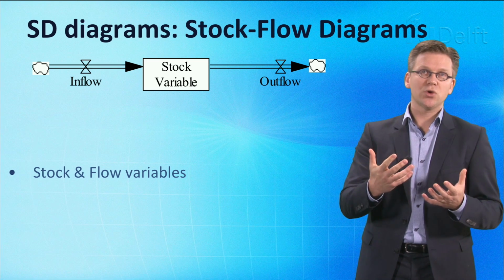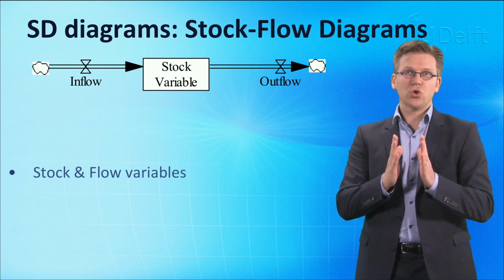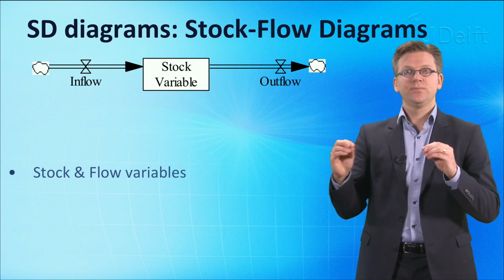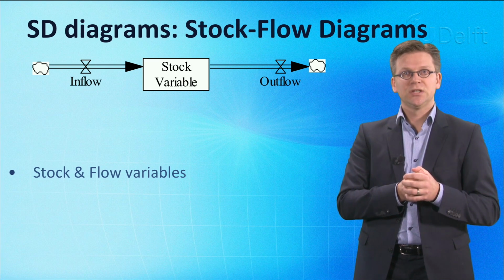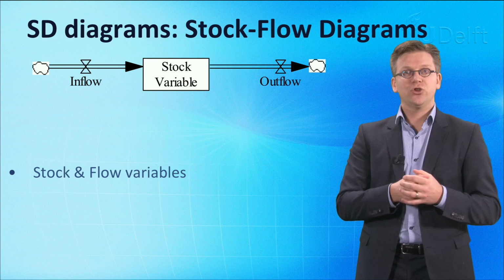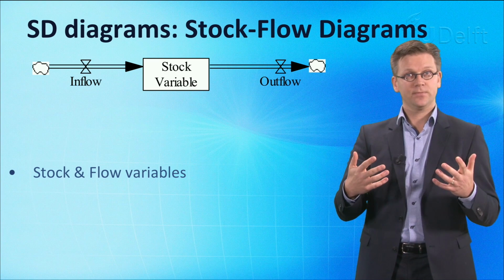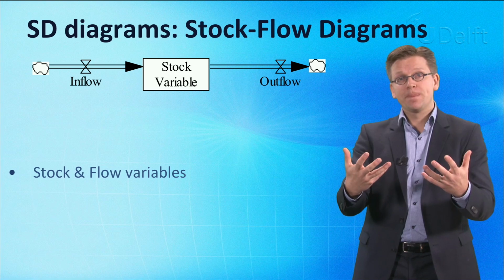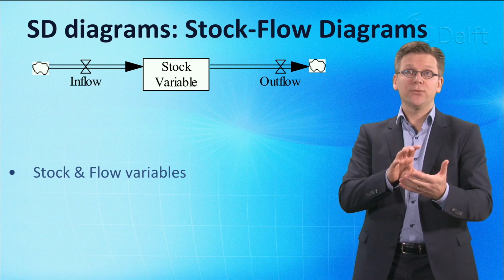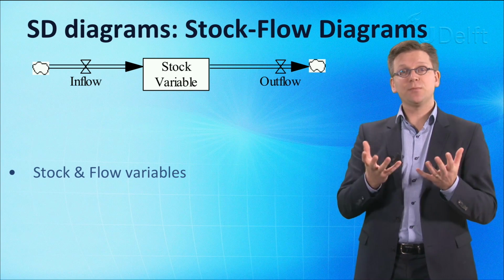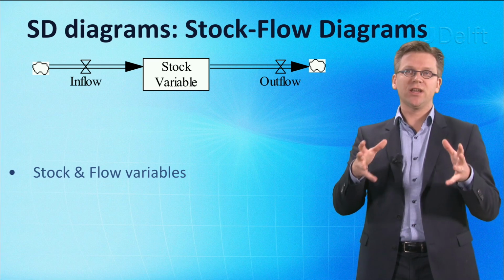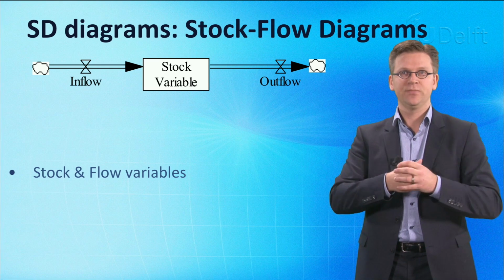Stock flow diagrams focus, as suggested by the name, on stocks and flows, which are two types of variables. Stock variables are accumulations of all inflows minus all outflows over time. And the net flow actually determines the behavior of the stock over time. So mathematically speaking, stock flow structures are differential or integral equations.